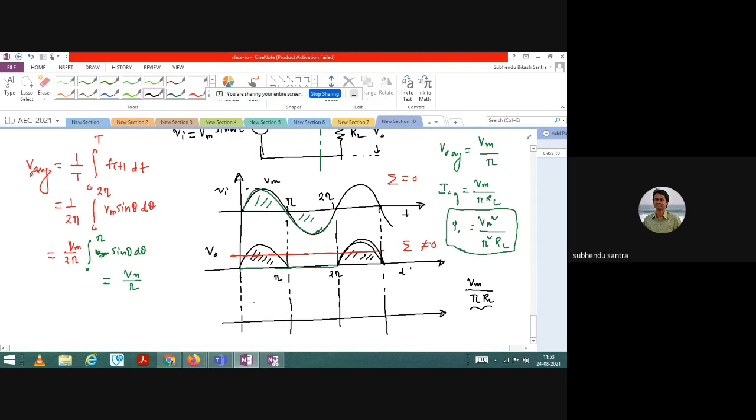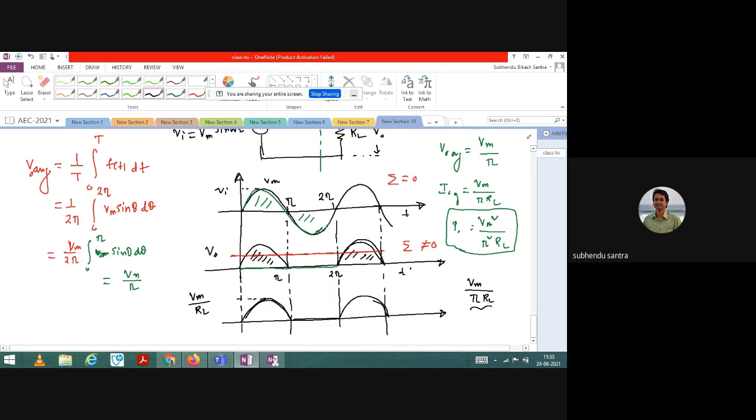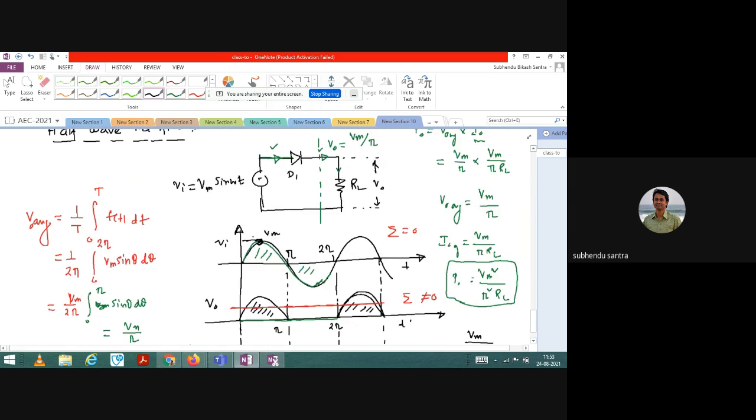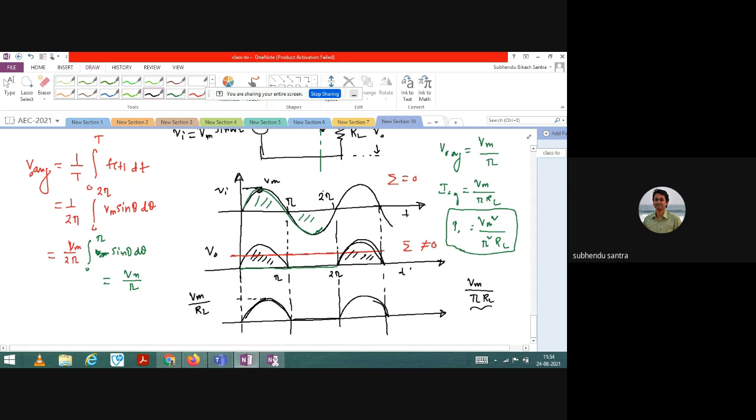But here the input current will be like this: when forward biased you will have current, when reverse biased it is 0. Now what is the maximum magnitude of this? If you neglect the diode resistance, the maximum voltage is Vm, so the current is Vm by RL. That is the maximum value of the signal, from 0 to pi, and the period is 2 pi.